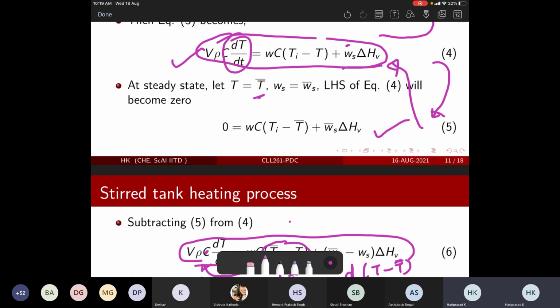Sometimes it might operate in steady state condition, sometimes in unsteady state condition. So it is important that your model captures both. Got it?